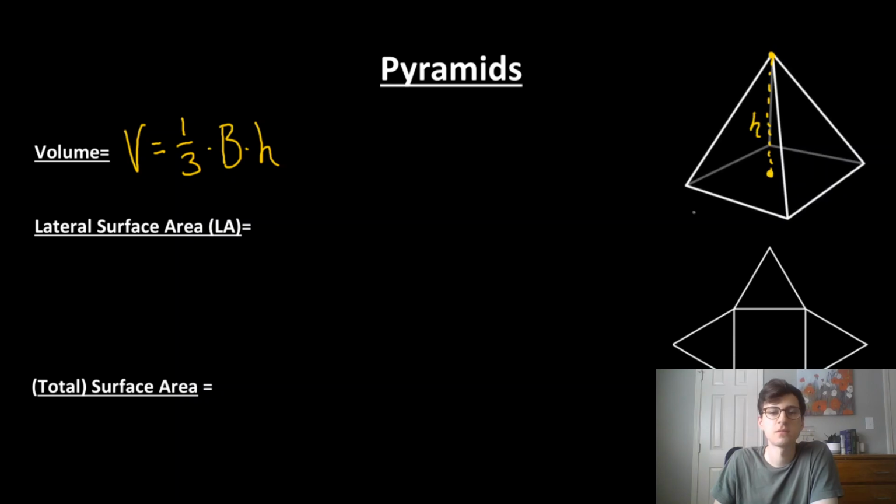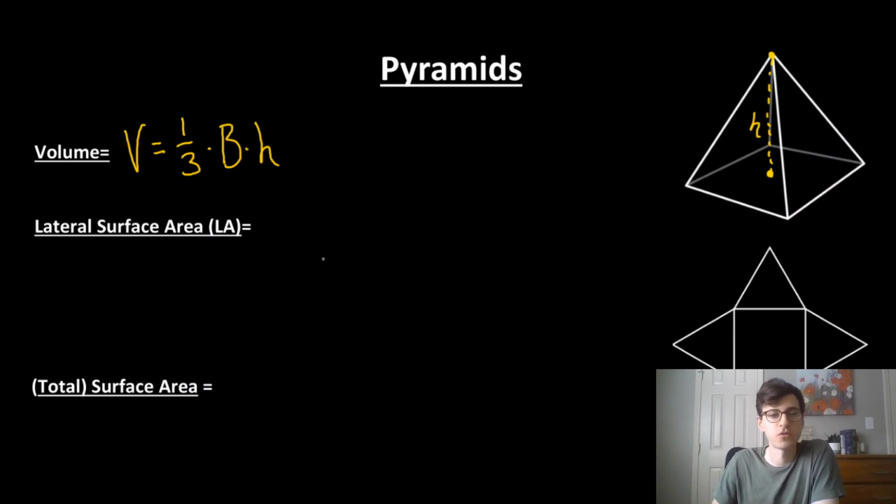That's the height. There's some really great proofs on why the volume of a pyramid is 1/3 the volume of a prism. If you remember, the volume of a prism is just base times height. There's some great proofs out there I think you should check out on your own time. We don't have time to get into them right now. So that's the volume of a pyramid.